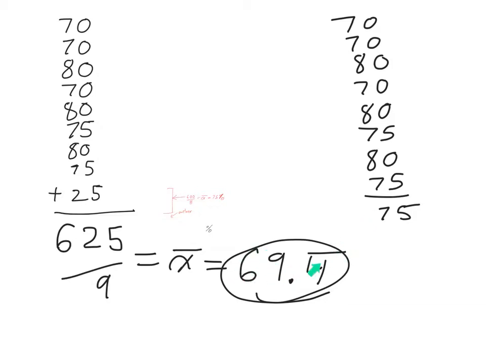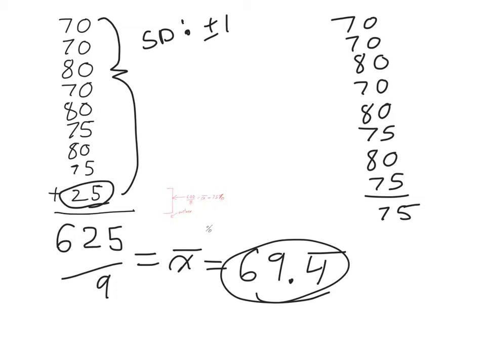And this is where the variance or the standard deviation can help us categorize the groups further. This group is hugely influenced in the standard deviation and variance by that 25. The standard deviation for this group is plus or minus 17.